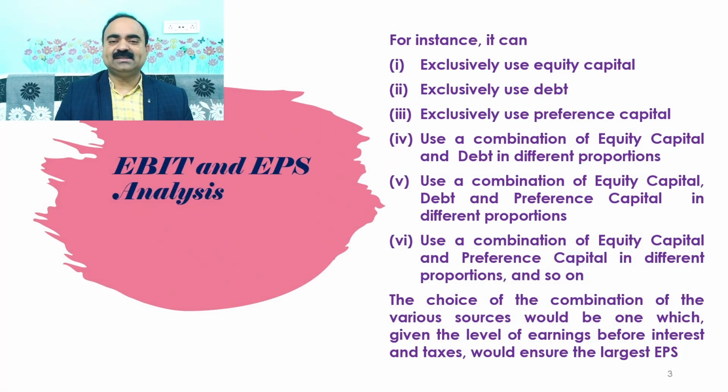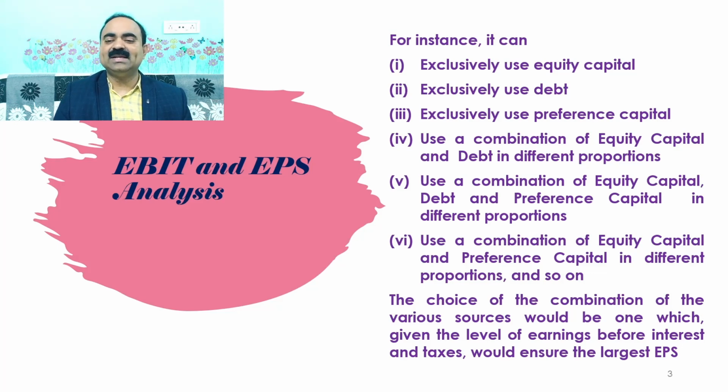For instance, it can 1. Exclusively use equity capital, 2. Exclusively use debt, 3. Exclusively use preference capital, 4. Use a combination of equity capital and debt in different proportions, 5.